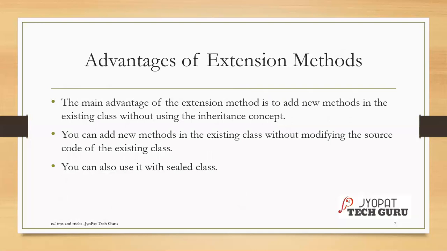So what are the advantages of extension method? The main advantage is to add new methods in the existing class without using the inheritance concept. You can extend the feature of the existing class itself. You can add new methods in the existing class without modifying its source code. You can also use it with the sealed class.